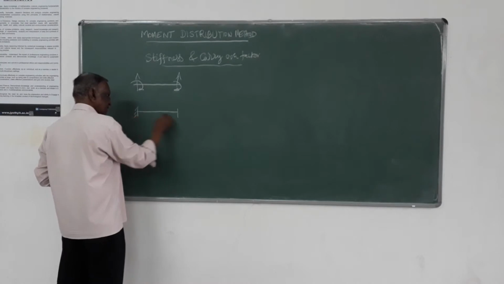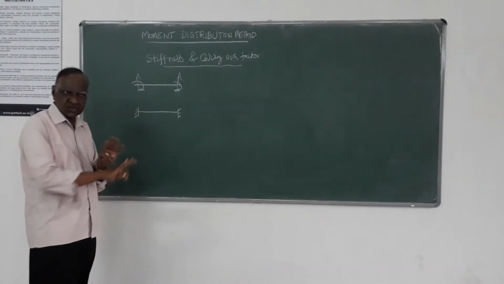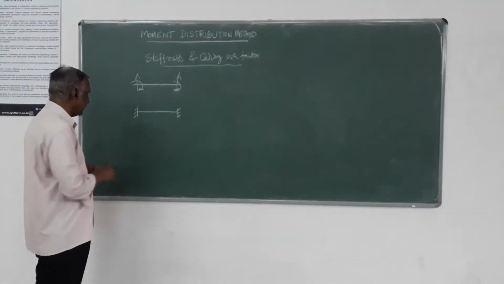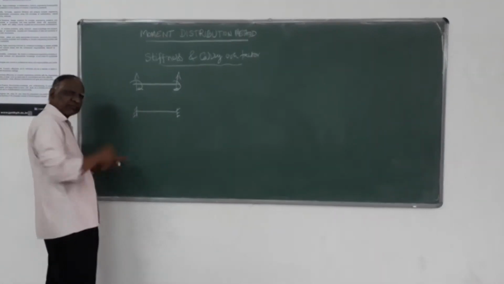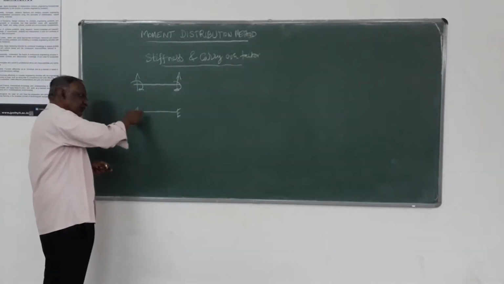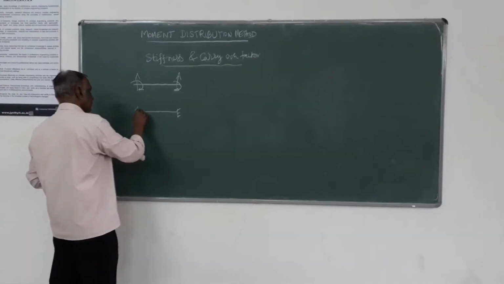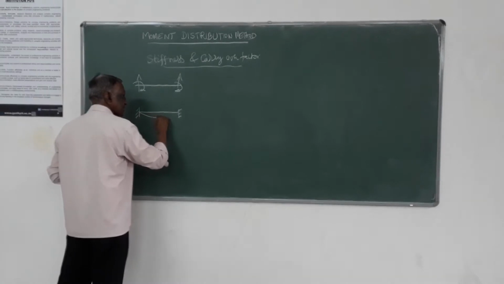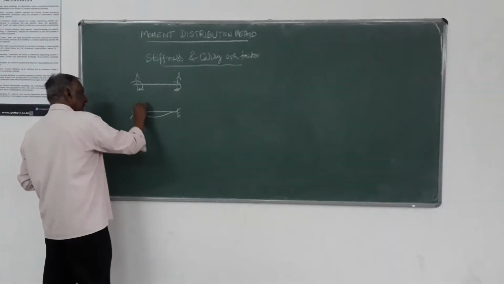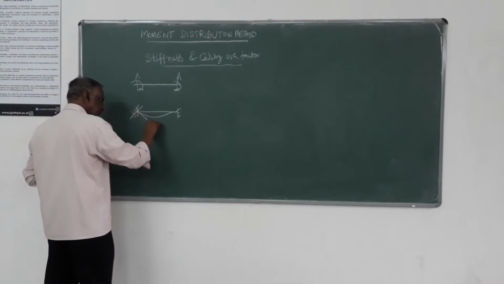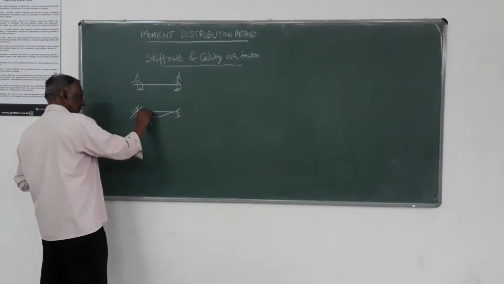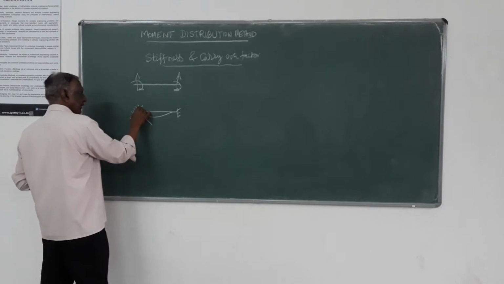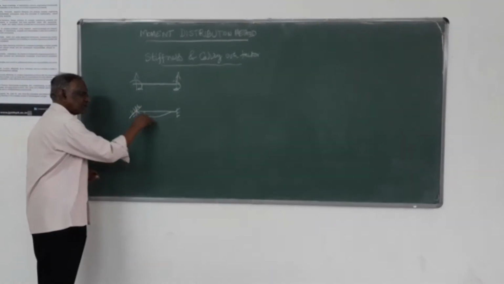We call it the stiffness. First we assume both ends of the member are restrained, with no displacement at all. Then we force one end of the member, giving a rotation equal to unity in the positive direction. Let us force this left end in the clockwise direction and give a unit rotation like this.